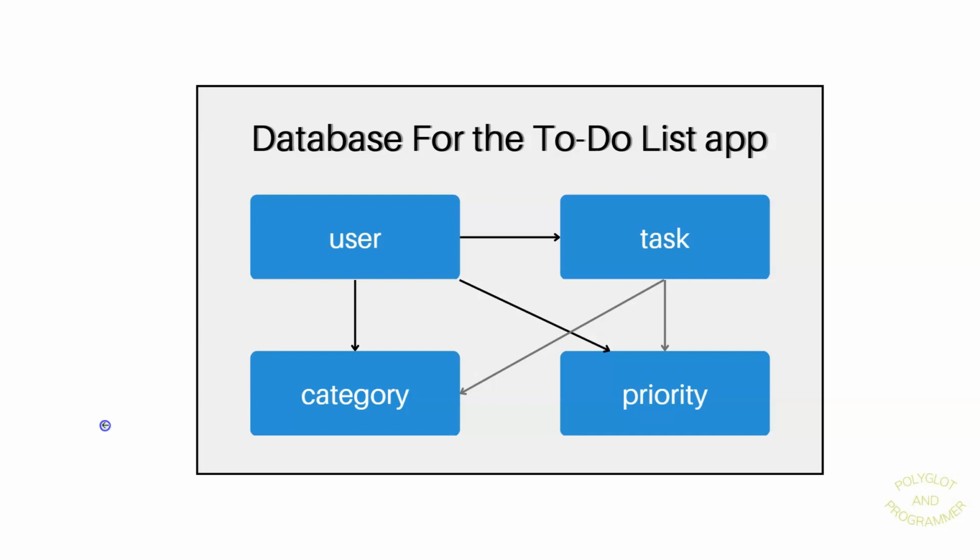We have also established that a user somehow also creates categories and different priorities. In addition, we have established that there is some kind of relationship between tasks and categories, tasks and priorities, because a task can be somehow categorized and prioritized. So we can draw these lines and we can see right away that there is some kind of relationship between records in each of these tables, and that somehow they are expressing either just a plain relationship or some kind of ownership. Never mind the direction of these lines for now, we will cover them later.